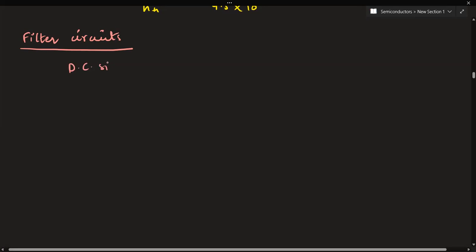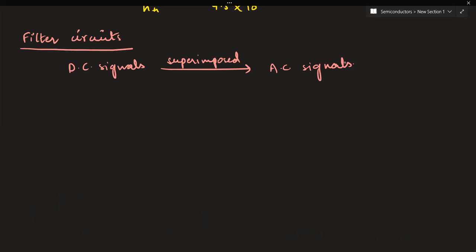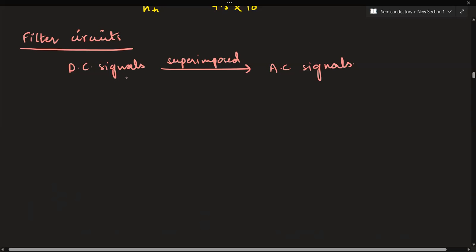The harmonic frequencies can be different, and you have already studied harmonic frequencies in your 11th standard. So we can obtain DC voltage by filtering out these AC components.